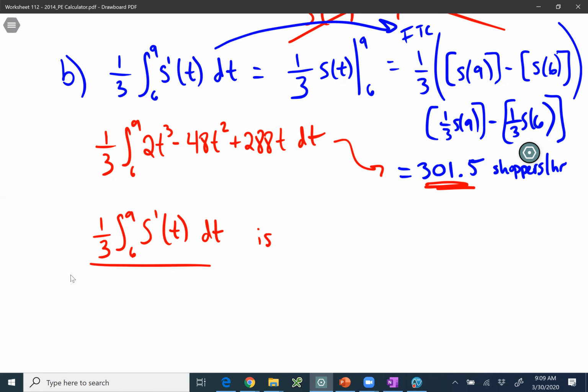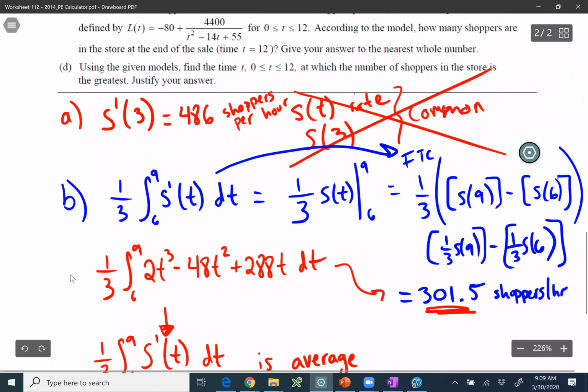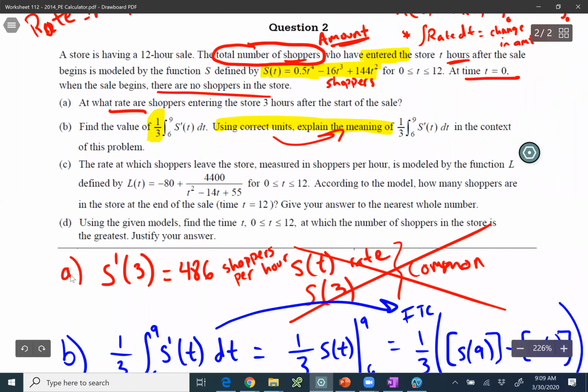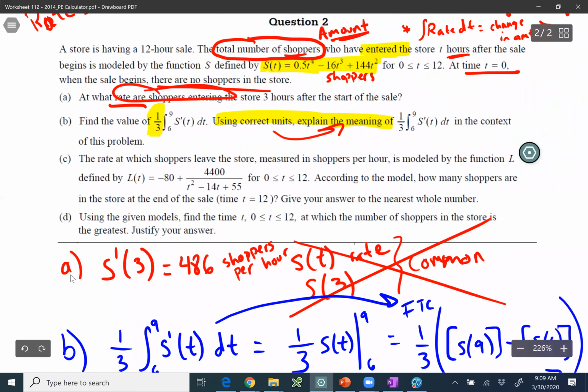Well, we have the 1/3, so we know it's the average of something. And it's the average of whatever is in here. So S prime would be the average rate that shoppers are entering. And we can even use A to kind of word it the way they did it. So it's the rate shoppers are entering.